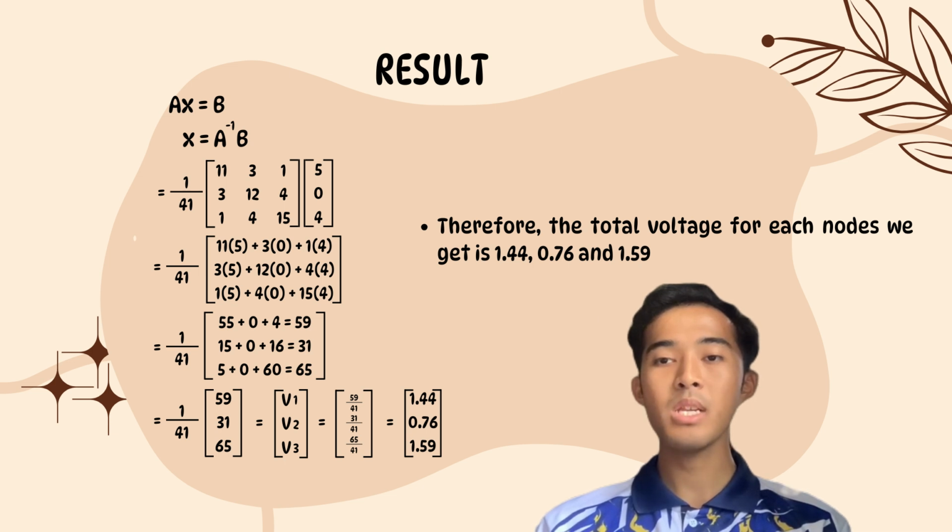We expand the matrix until we get the answer 1 over 41 times matrix 59, 31, and 65. We equate it with V1, V2, and V3, and we get the answer 1.44, 0.76, and 1.59. Therefore, the voltage for each node is 1.44, 0.76, and 1.59.